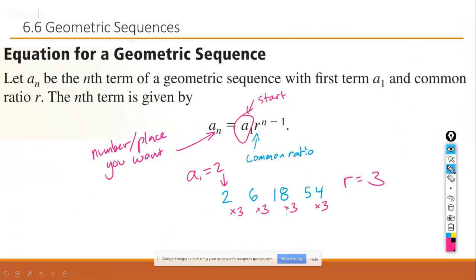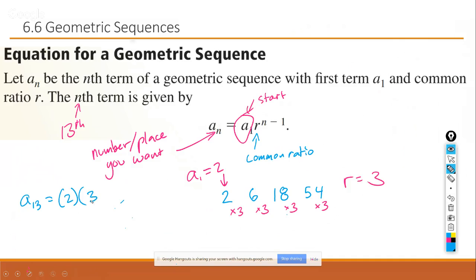So if I wanted the, it says nth term. So if I wanted the 13th term, I would have A sub 13 equals, and then A1 is 2.